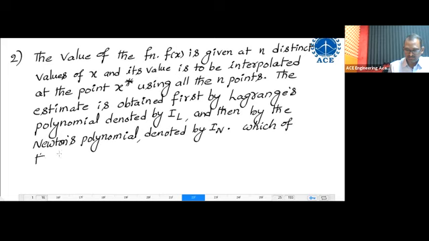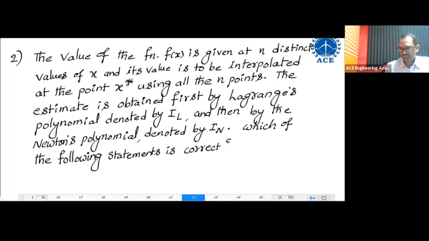Which of the following statements is correct? Option A.